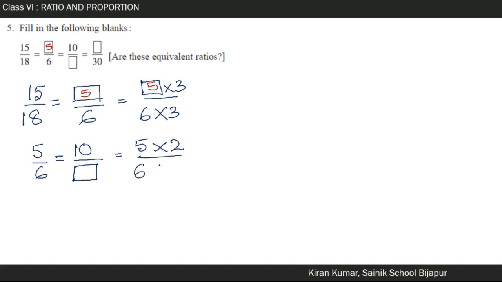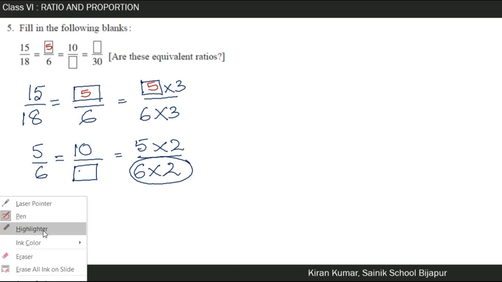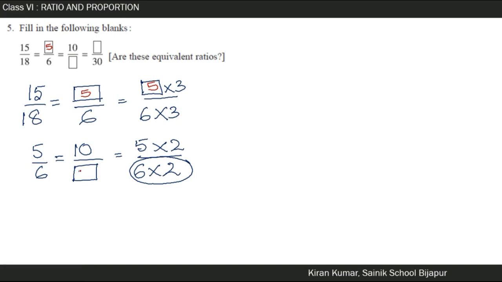So 6 has to be multiplied by 2. So what should be written here? We have to write 12. So the second blank is also found.